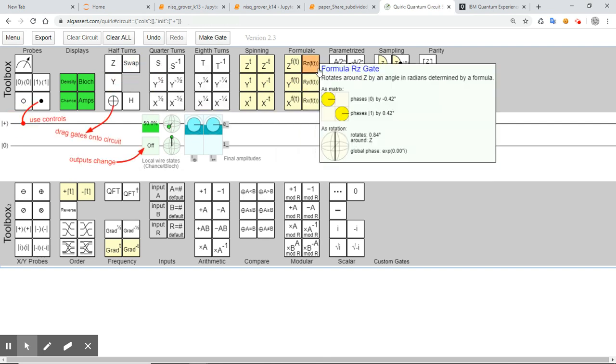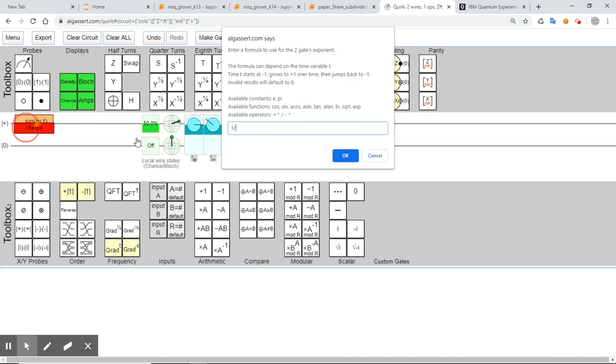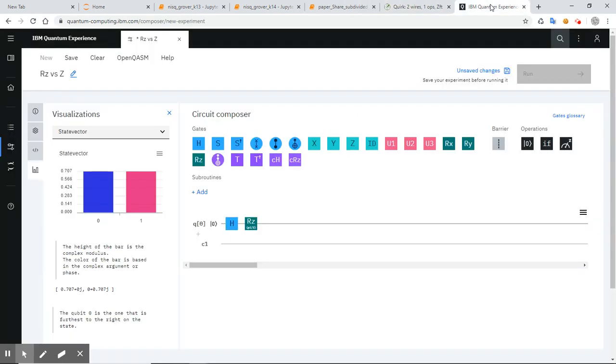But if I use these, and I do a 1/4 rotation, then I get state, keep it 0.